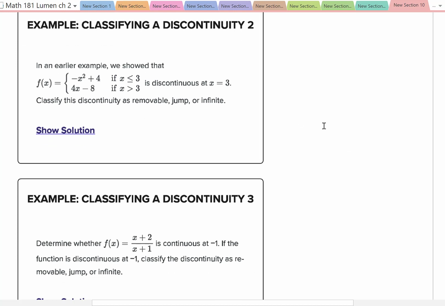In this case, the change is at 3. So if I look at the limit as x approaches, oh, we saw this one earlier. If you recall, this one had a graph that did the following. It came up and came down like that, and then it picked up here and went on. So that would be a jump discontinuity.